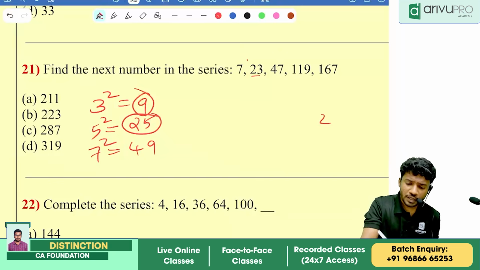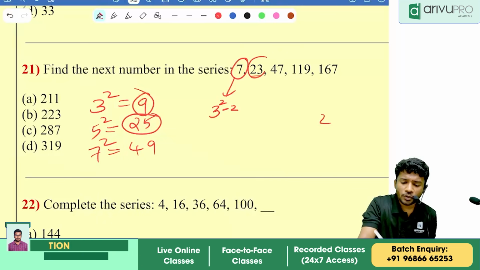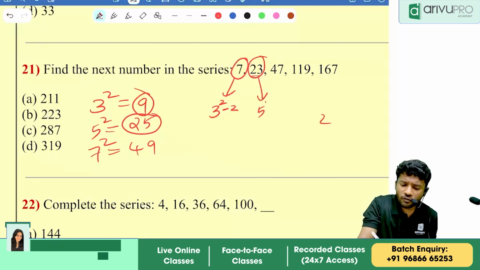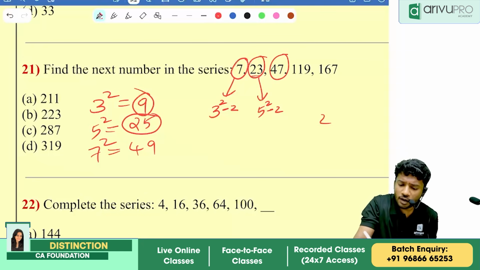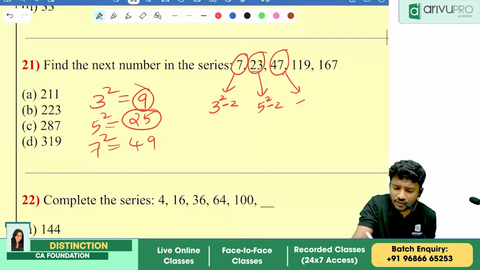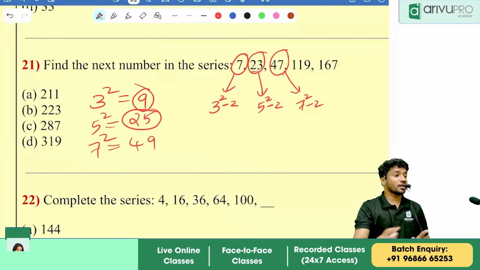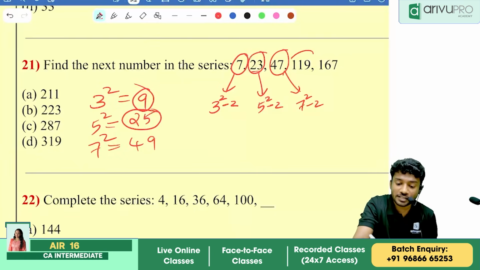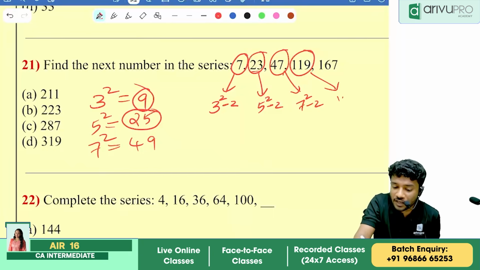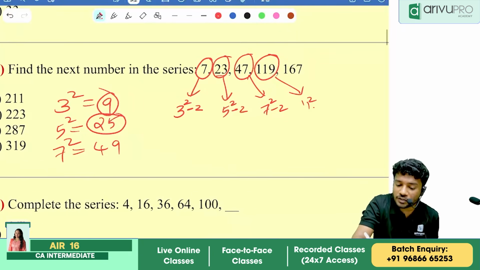Now look here. 7 is what? 3 square minus 2. 23 is what? 5 square minus 2. 49 is what? 7 square minus 2. Now people, you will think, oh, it is an odd number. It is not an odd number. Next number is what? 11 square, prime number. 11 square minus 2.